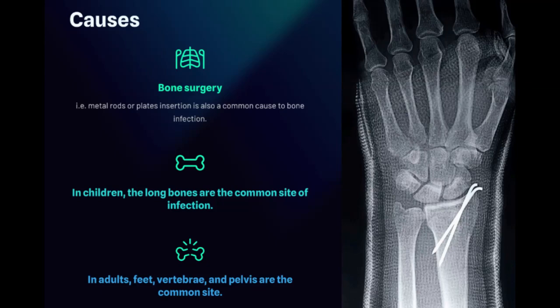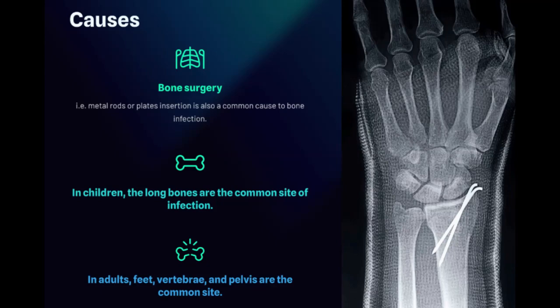Children presenting with bone pain, swelling, or systemic signs of infection warrant prompt evaluation for osteomyelitis, particularly in cases of recent trauma or surgery. Conversely, in adults, osteomyelitis often manifests in distinct anatomical locations, with the feet, vertebrae, and pelvis emerging as common sites of infection.